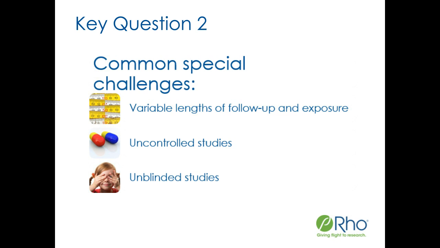You could also have an unblinded study. All of these are going to add different levels of variability to your point estimates, which then need to be described and thought through. So the earlier you discuss these special issues that can pop up, the better you'll be, and the better messaging and narrative you'll have in showing your data to the agency.